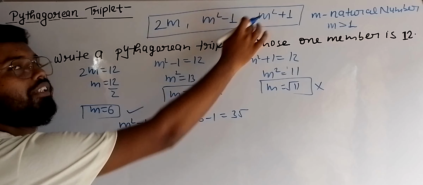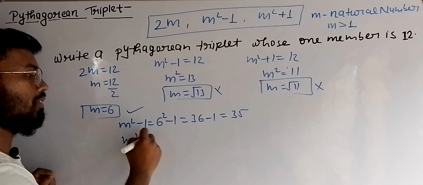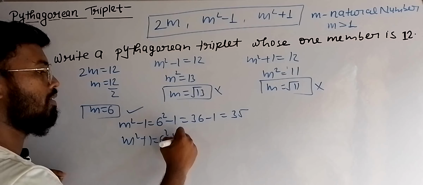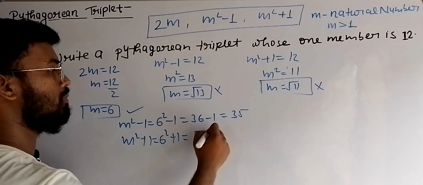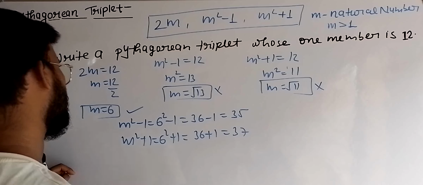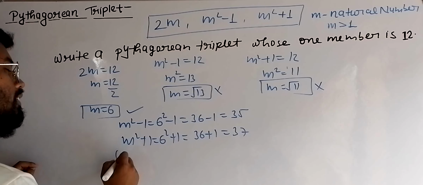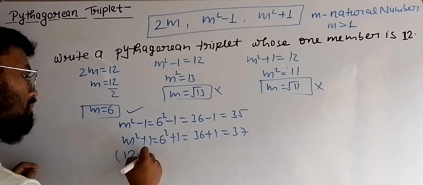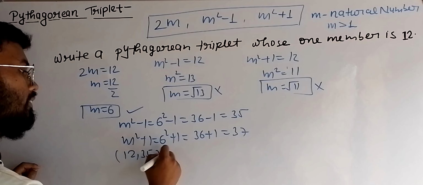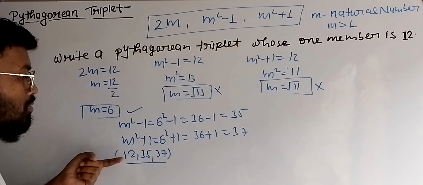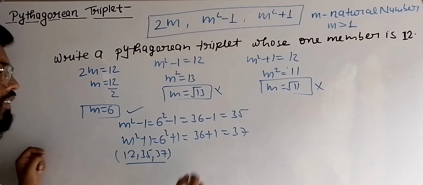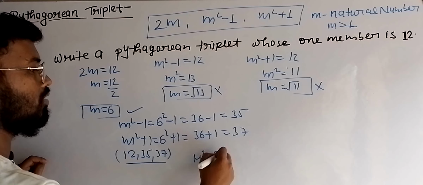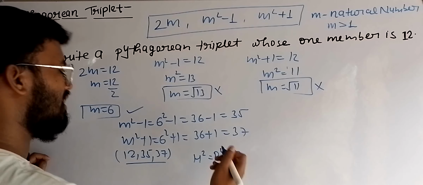Now proceed for this one, it will be m square plus 1, so 6 square plus 1, it will become 36 plus 1, that is 37. So the triplet which we are getting is 12, 35, 37. If you want to cross check it, then check it by h square equal to p square plus b square. Let me just check it.